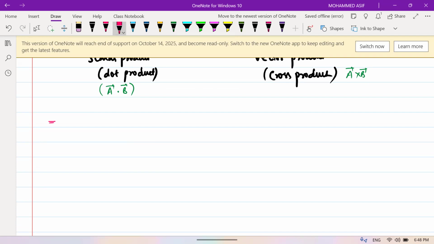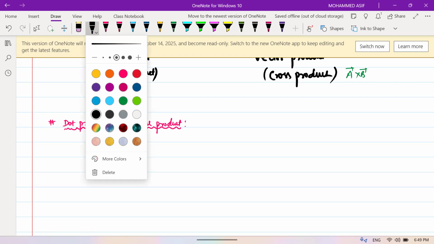See the first one, dot product, also called scalar product.